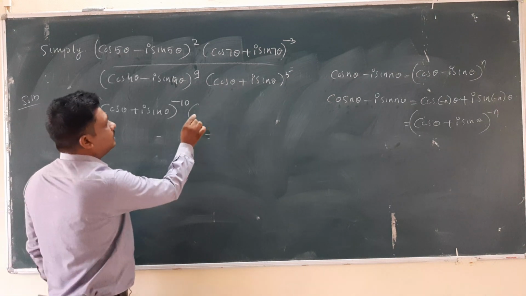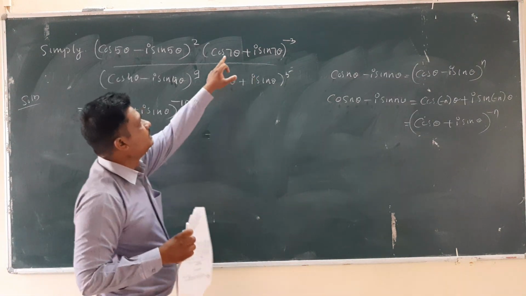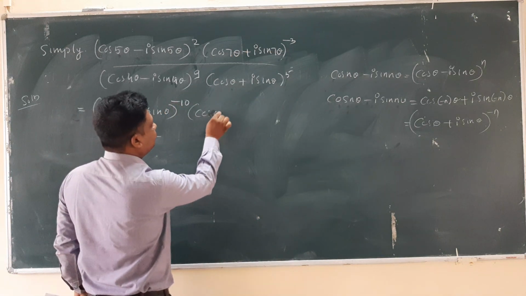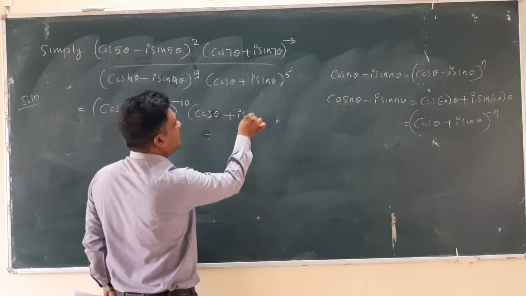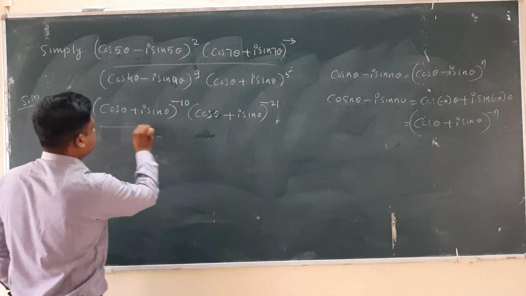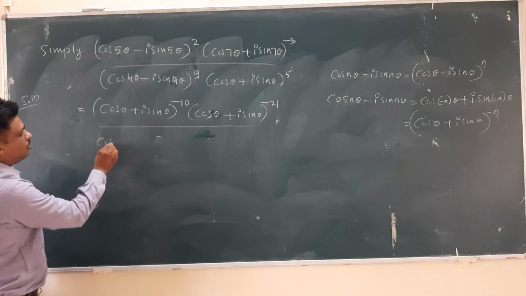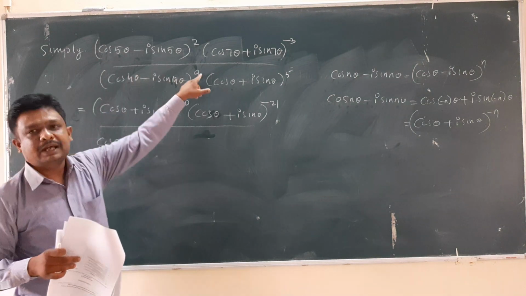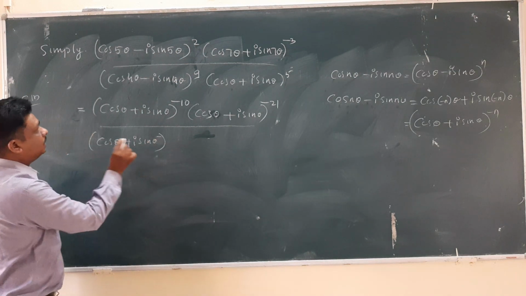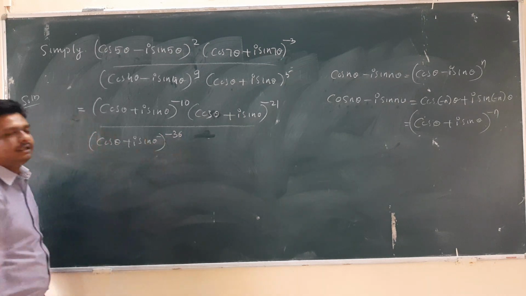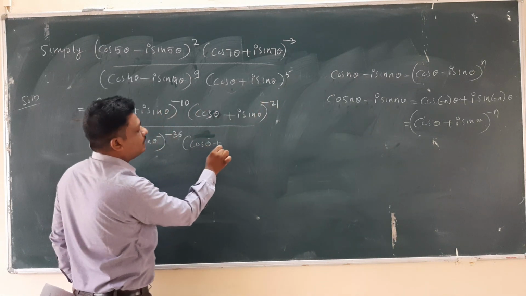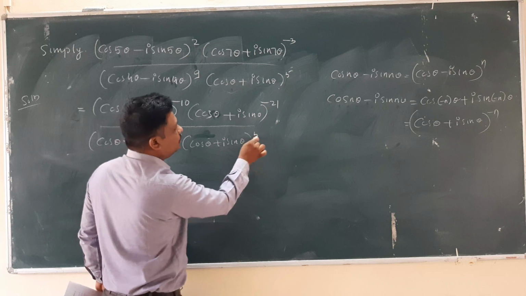Here it is already positive, so I take the 7 to the power by De Moivre's theorem: (cos theta plus i sin theta) to the power of 7 into minus 3, which becomes minus 21, whole divided by (cos theta plus i sin theta) to the power of minus 36, taking 4 into 9 with the minus. Then the last term is already in the standard form, (cos theta plus i sin theta) to the power of 5.